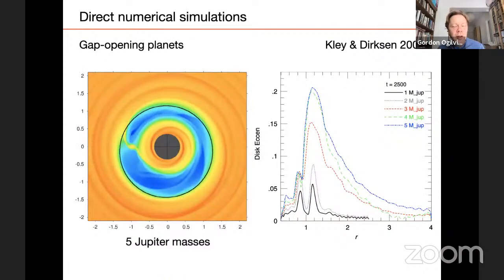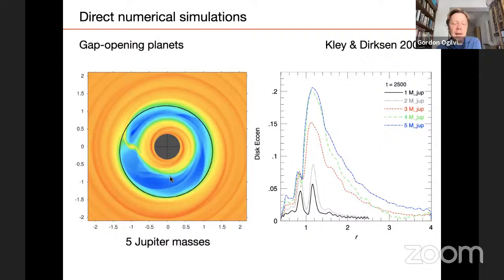Okay, well, related phenomena are also seen in the planet-disk interaction problem. So here is a simulation by Willie and one of his PhD students some years ago of planet-disk interaction. So there's a planet of 5 Jupiter masses on a fixed circular orbit, and it opens a deep gap in the disk.